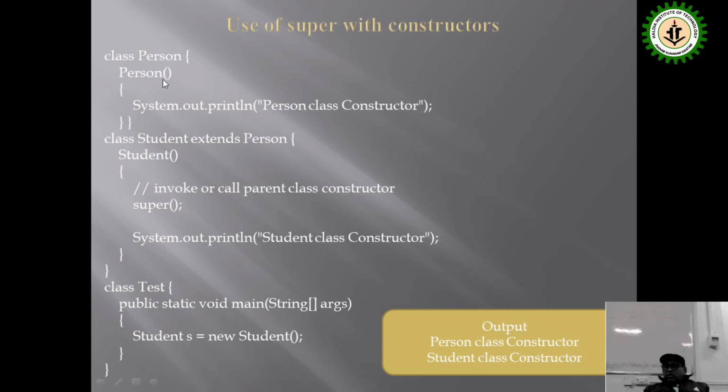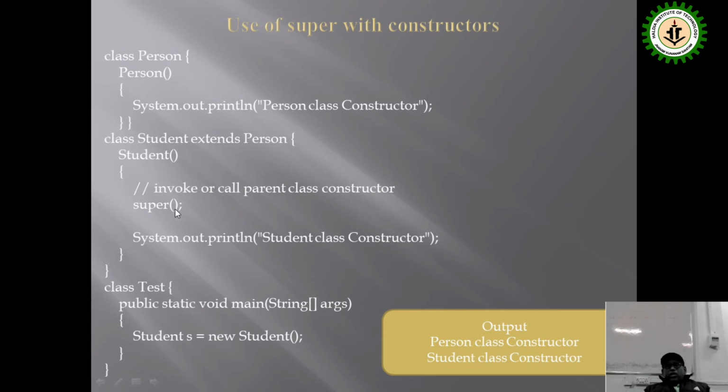Now class Student extends Person. Student is the child class and Person is the base class. In the Student class there is also a constructor named Student.